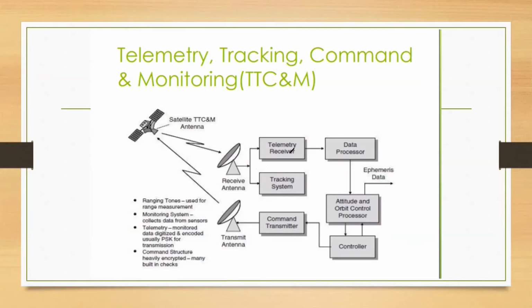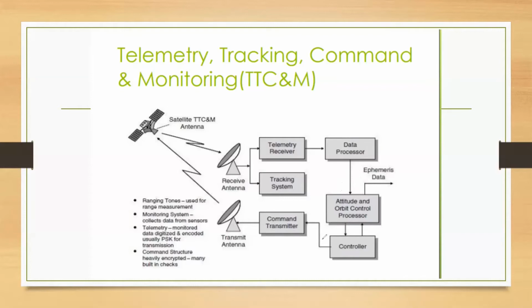Now, once the telemetry sensor signals are received at the Earth station, they are processed there, and depending upon the inputs received, the action plan that is to be conducted is generated, which could be with respect to the attitude, orbit control, or various parameters.